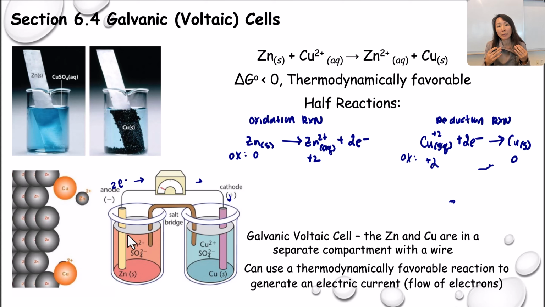Having this thermodynamically favorable reaction can generate what is called an electric current. An electric current is just the flow of electrons, a movement of electrons. Having this movement of electrons can actually power a light bulb, or turn on a particular device. So again, this thermodynamically favorable reaction will generate an electric current, or electron flow, in this particular case going from the zinc to copper. Let's dive in a little deeper and in more detail in the next slide.